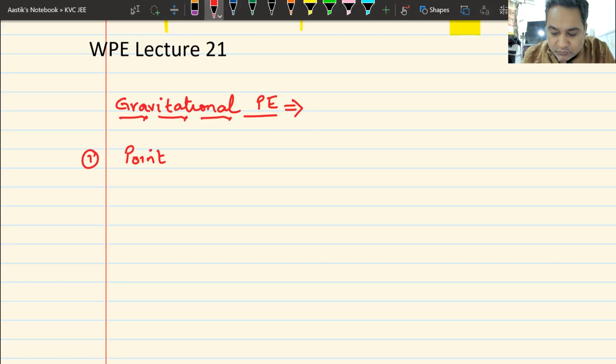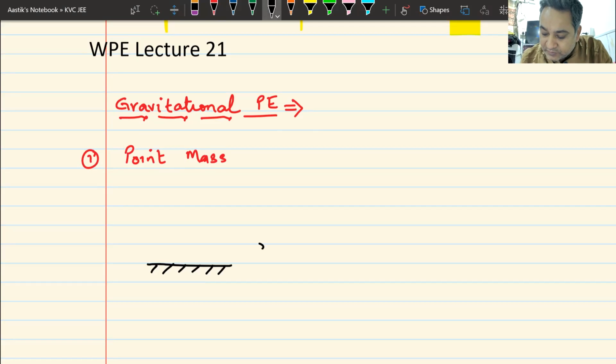And we all know what is the gravitational potential energy of a point mass. Can anyone tell me? So this is ground. Remember, in most of the cases, we are taking the gravitational potential energy of ground as 0. Then I have a point mass m, which is taken as a point. mgh, sir. Yes, very good.